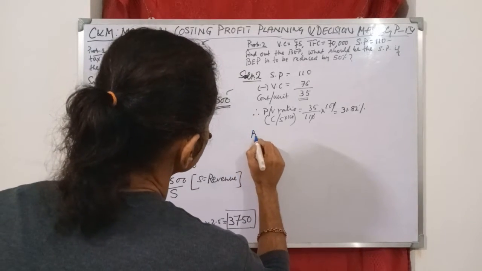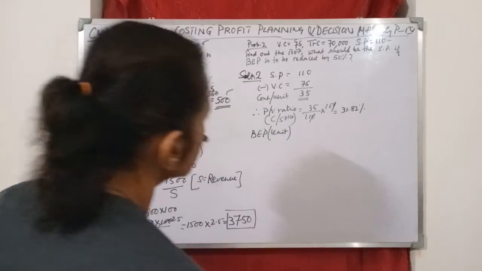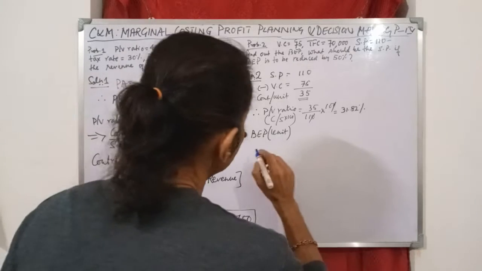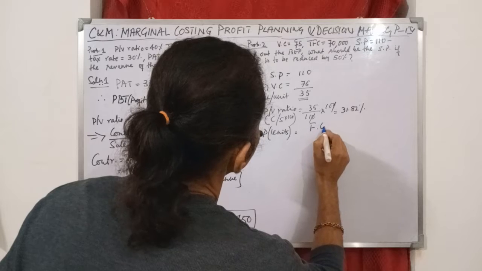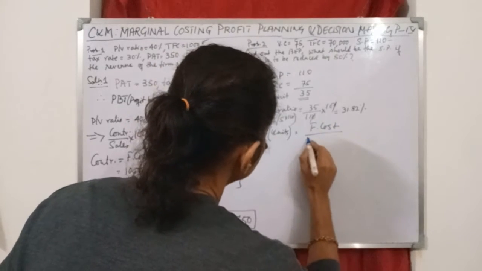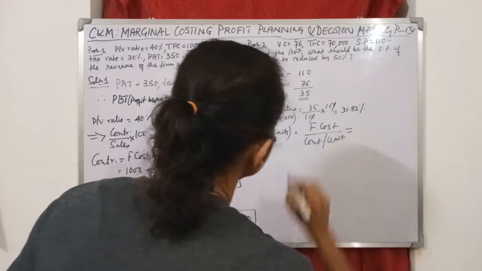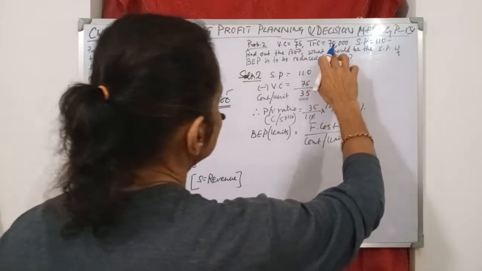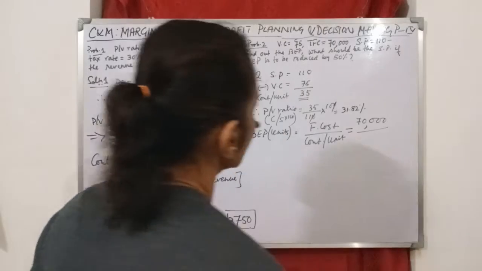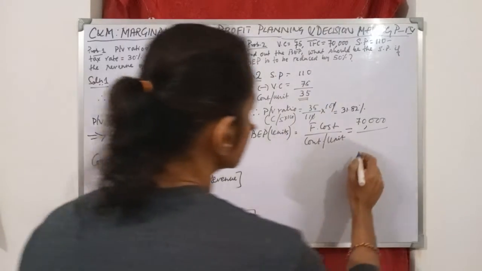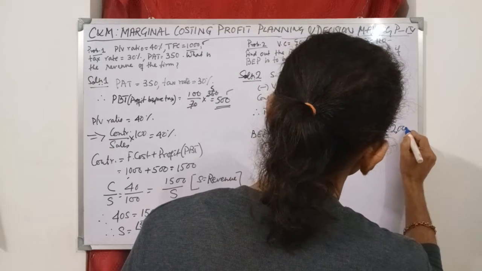Now BP in units, that is the current BP. The current BP in terms of units equals fixed cost over contribution per unit. Fixed cost is given as 70,000, so we put 70,000 divided by contribution per unit, 35, so that gives us 2,000.